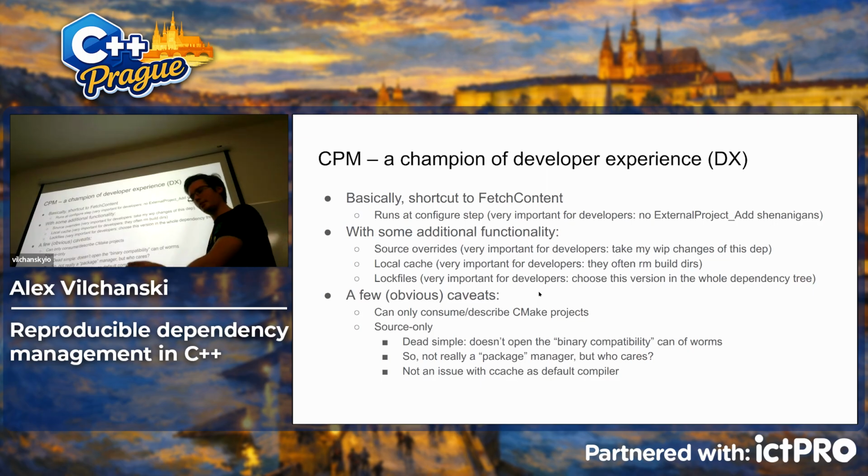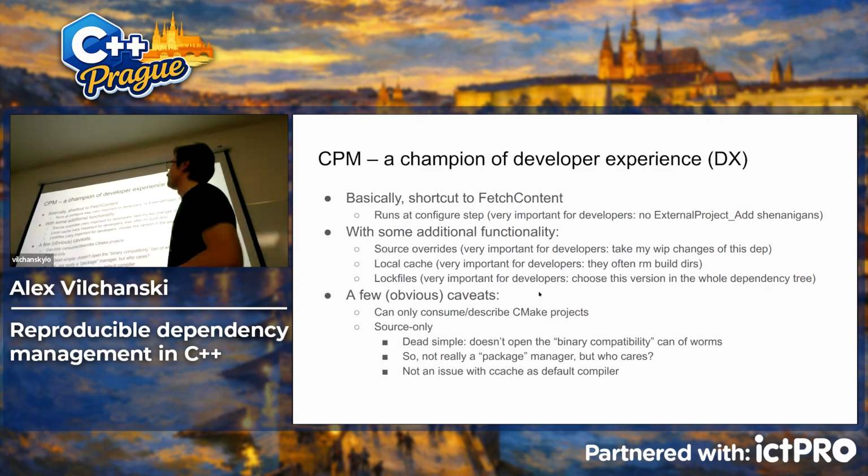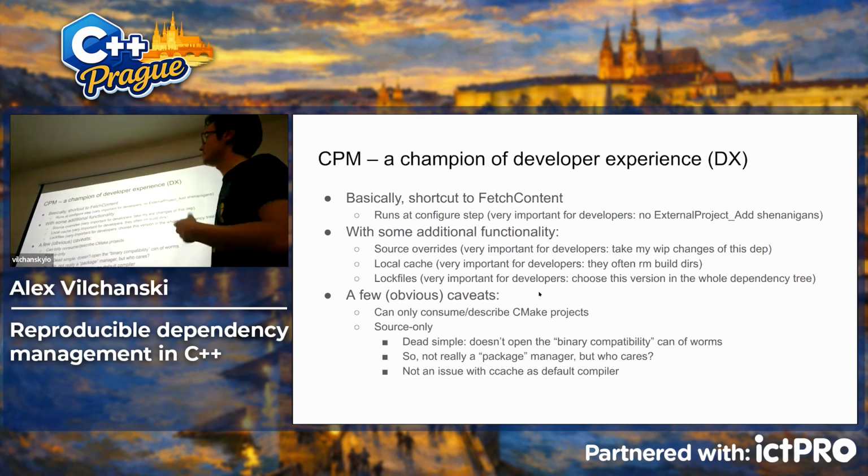You just want to make them buildable and you don't want to build them at the build step of your project. You want to build only your targets there. So that's a big improvement. And CPM is an improvement on top of FetchContent, basically.